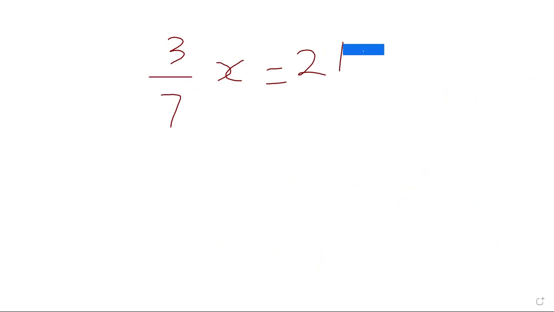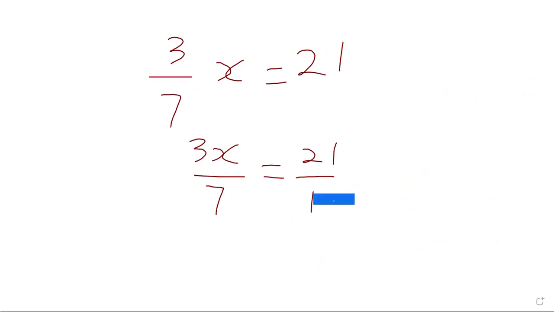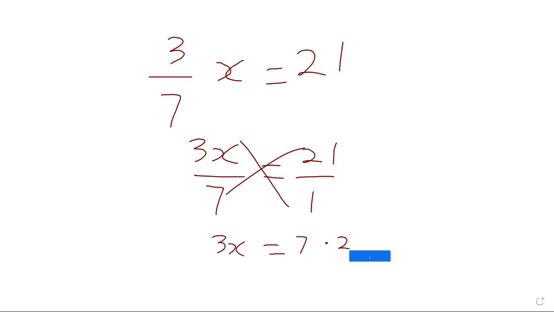So again, I'm going to rewrite this as 3x over 7 equals 21 over 1. And then I'm going to cross multiply. If I cross multiply, I've got 3x times 1, which is 3x, equals 7 times 21. So this would give me 3x equals 147.